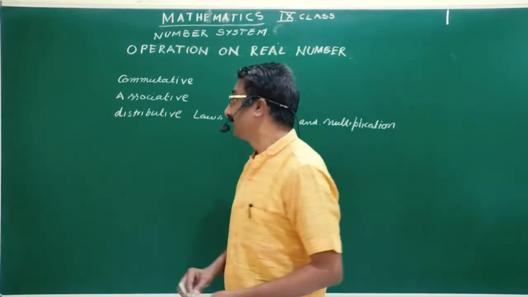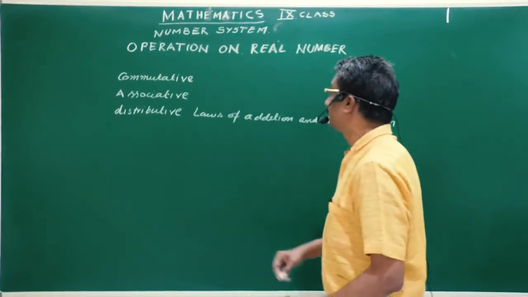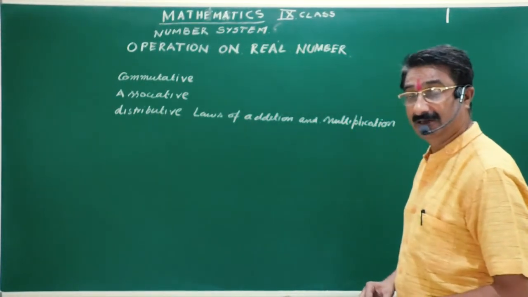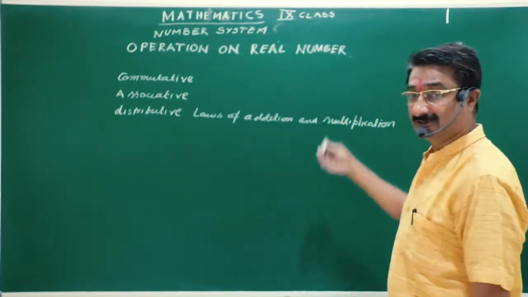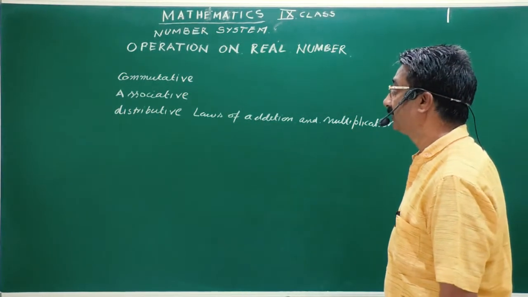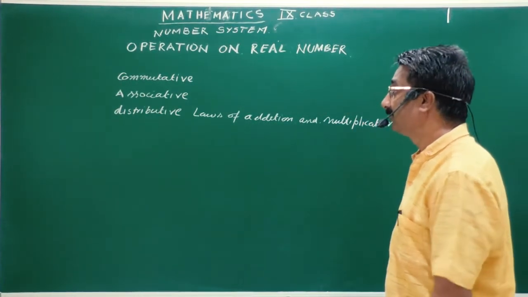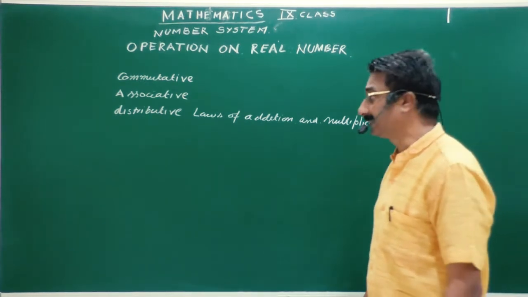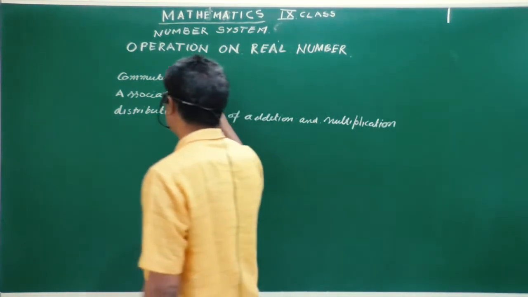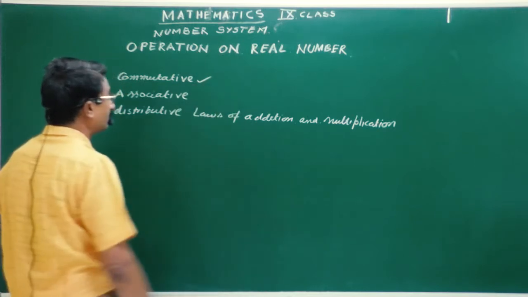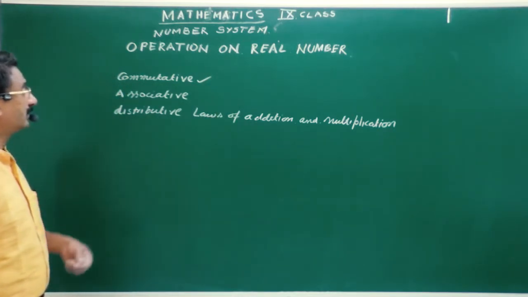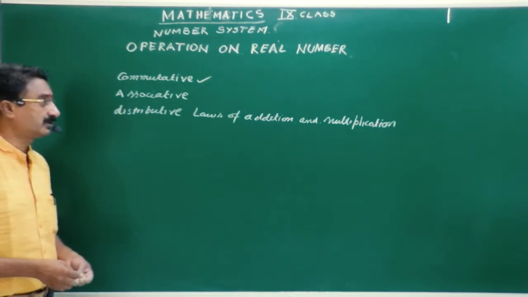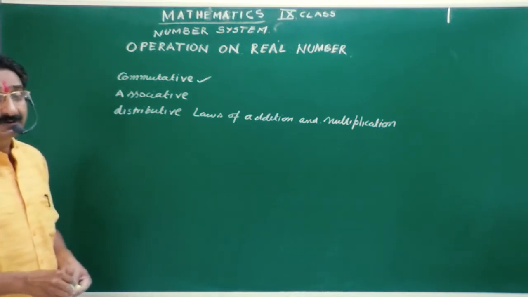Now, operations on real numbers means all the numbers, rational and irrational, which can be marked on the number line. All these numbers follow the commutative law, associative law, and distributive law of addition and multiplication.